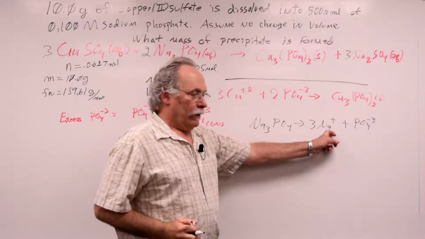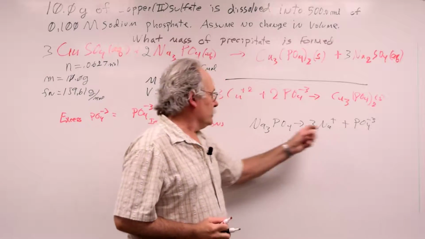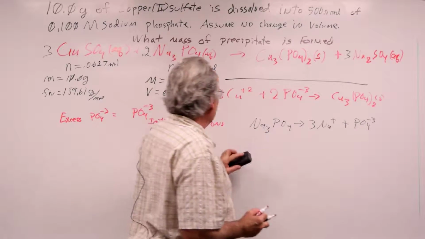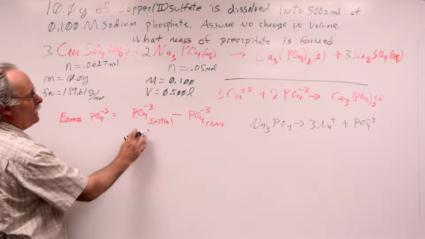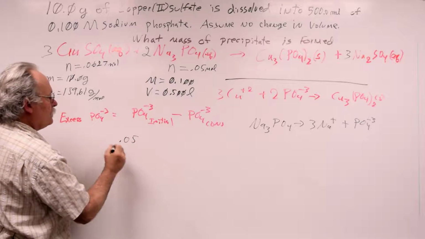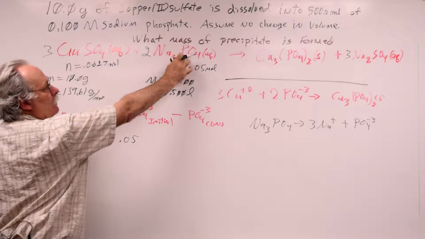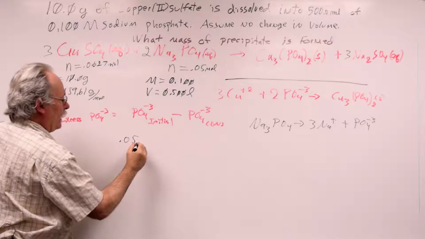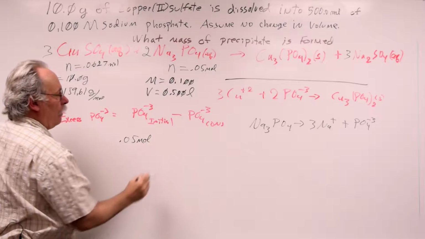So the sodium concentration is 3 times this value. The phosphate concentration is this value. Taking that into consideration, I can say that the PO4-3 initial is 0.05 molar. So my PO4-3 initial is the same as the sodium phosphate, so I can now go 0.05 moles.